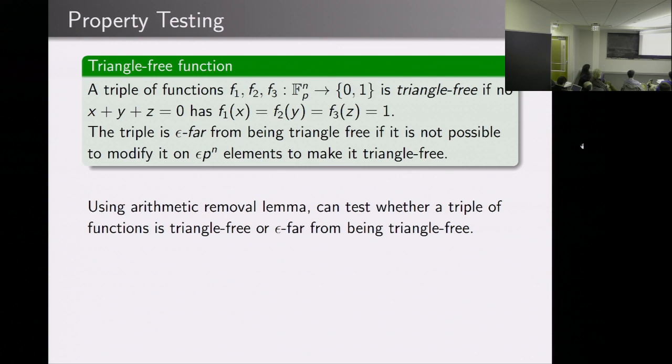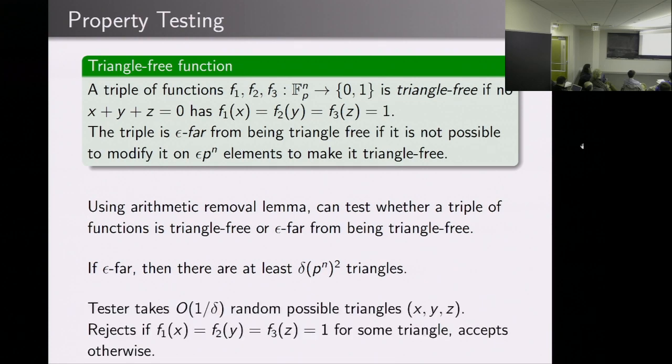And so using the arithmetic removal lemma, we can actually come up with a method of testing whether a triple of functions is triangle free or epsilon far from being triangle free. The reason is that if a triple is epsilon far from being triangle free, then there are at least delta times p to the n squared triangles, because if you want to make it triangle free, there's no reason to change zeros to ones, so you would just be changing ones to zeros, and then it's exactly the condition in the removal lemma.